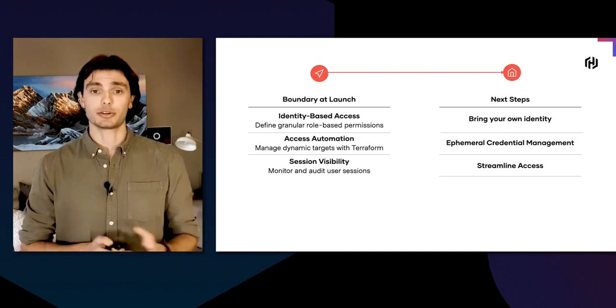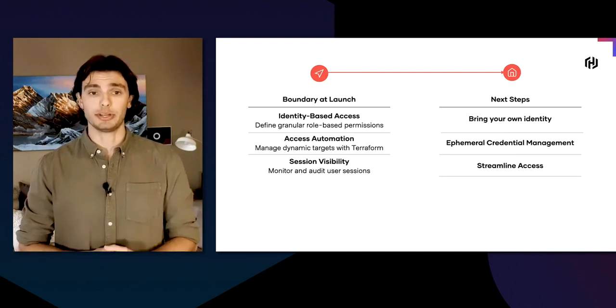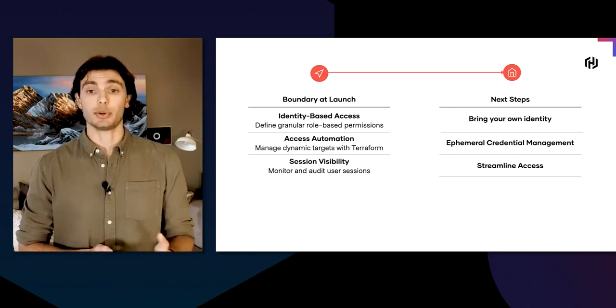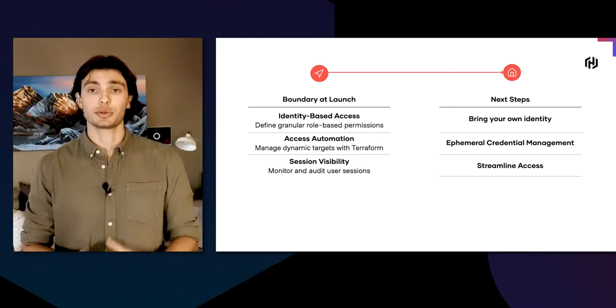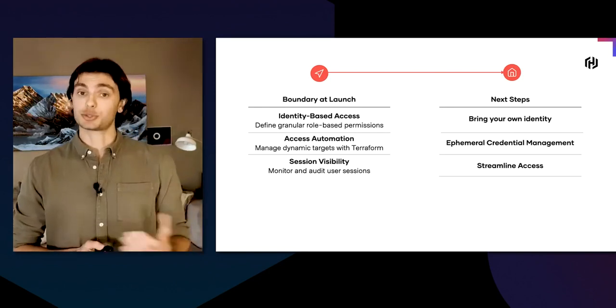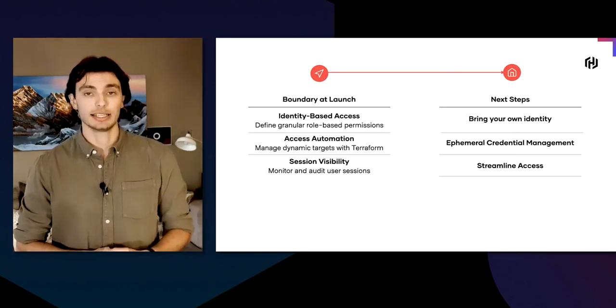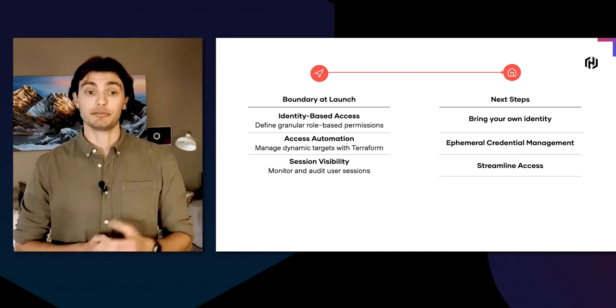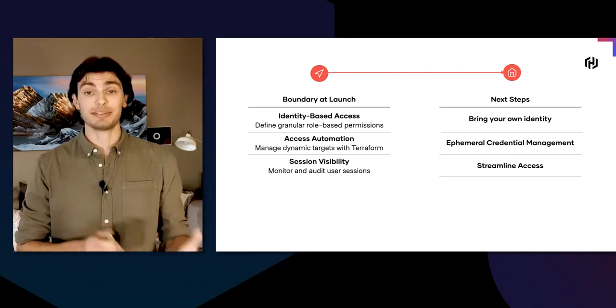Additionally, we'll focus on integration with Vault or your preferred credential management solution, so that you can use ephemeral credentials minted by Vault to authenticate to Boundary targets. This would enable a single sign-on flow so that those credentials are obscured from the actual end users of Boundary. And lastly, we'll further streamline this access model by enabling administrators to define dynamic catalogs of hosts even outside of Terraform, so that services can be discovered based on predefined rules or tags in their environment of choice.